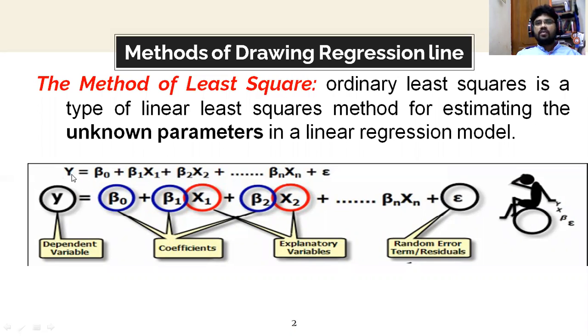Y is the dependent variable, and beta 0, beta 1, beta 2, up to beta n are called coefficients. The x1, x2, up to xn are the independent variables or explanatory variables. Epsilon is the error term, sometimes written as e or u, also called the random term or residuals.